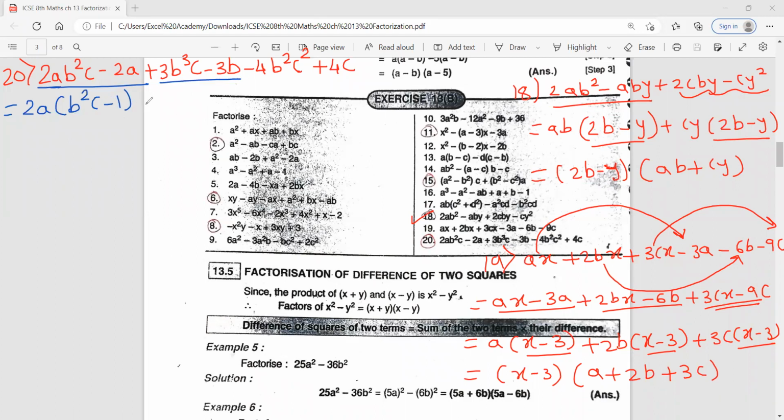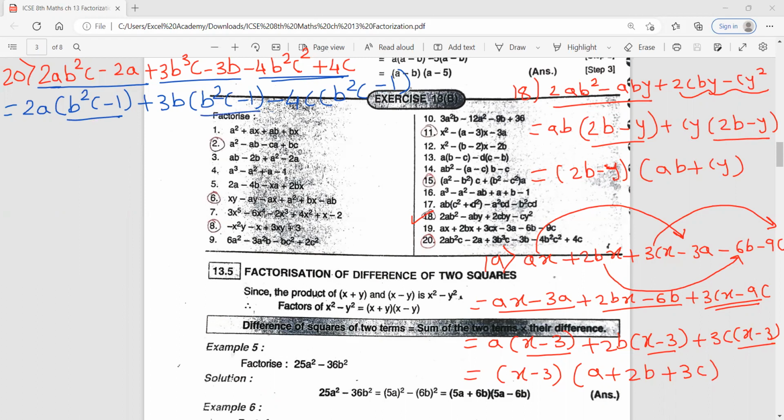What common can you take here? 3b. So again you will get b square c minus 1. And what common can you take here? Minus 4c. So again you will get b square c minus 1. Why minus? Because the sign outside the bracket is minus, negative.